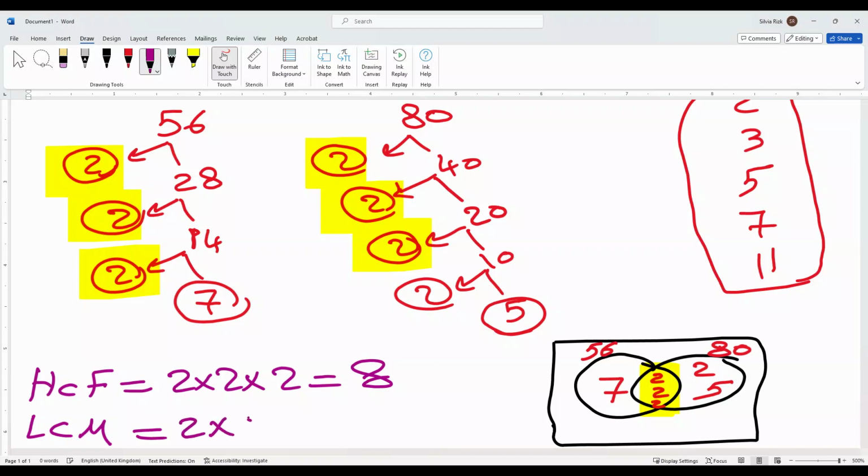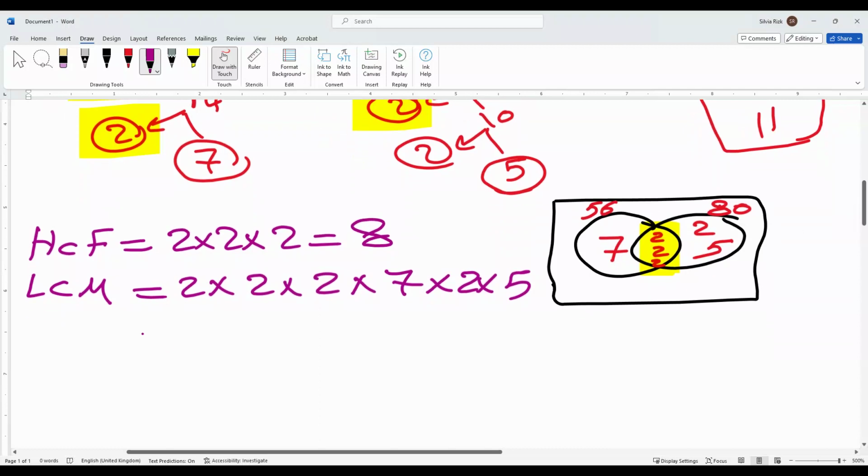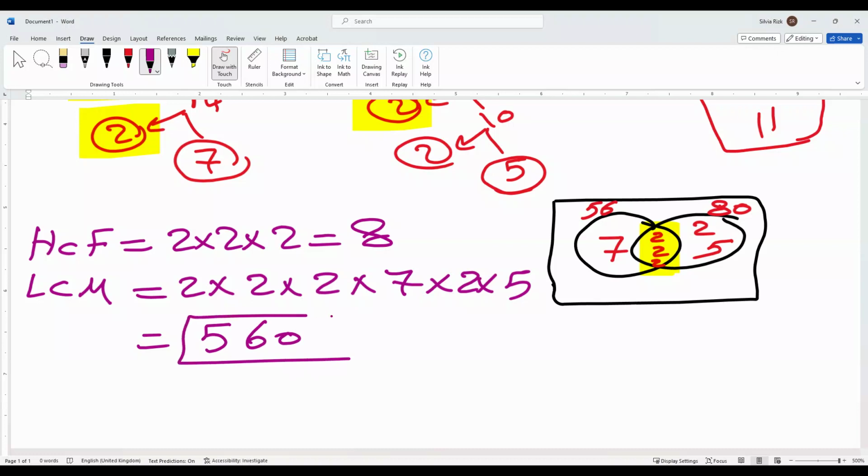So it's 2 times 2 times 2 times 7 times 2 times 5. Now let's multiply all of these numbers. 2 times 2, 4 times 2, 8 times 7, 2 times 5, 560. So 560 is the lowest common multiple and 8 is the highest common factor.